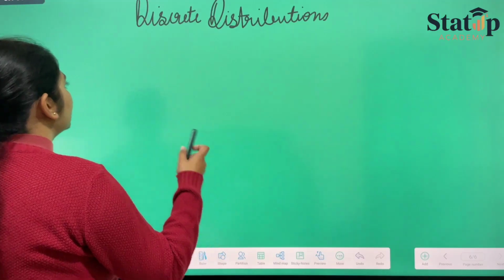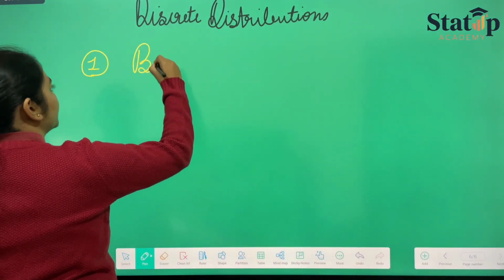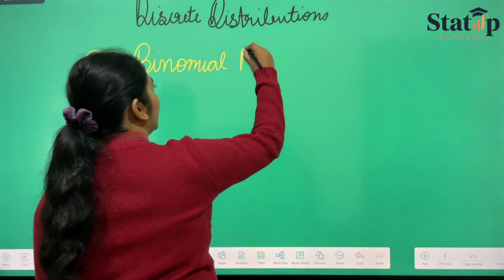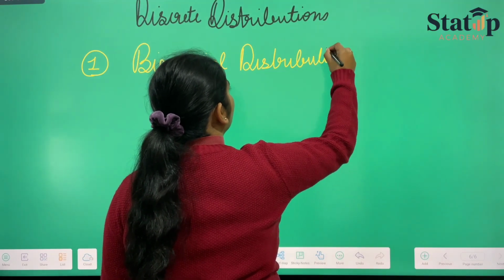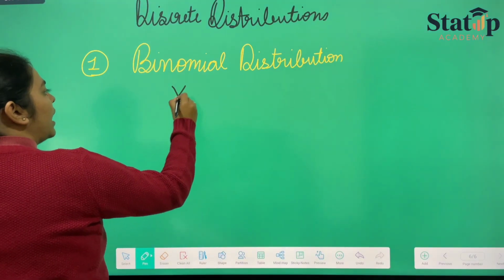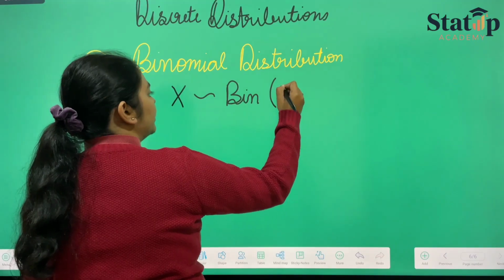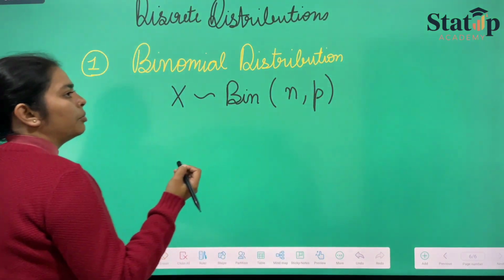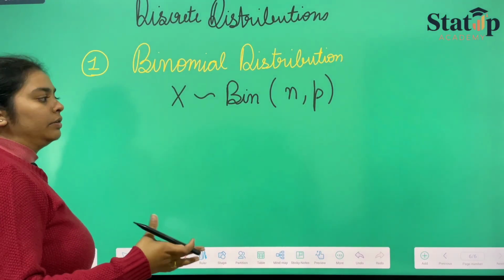So the first discrete distribution that we are going to do is binomial distribution. Binomial distribution has two parameters which are n and p. So suppose any variable x is given to us and it follows binomial distribution, which is represented as bin with parameters n and p, where p is the probability of success and n is the total number of occurrences of the event.